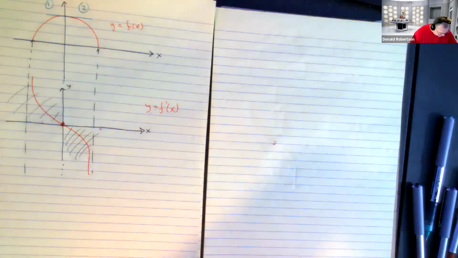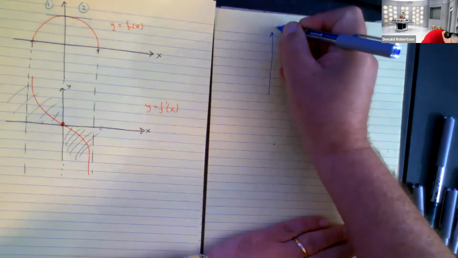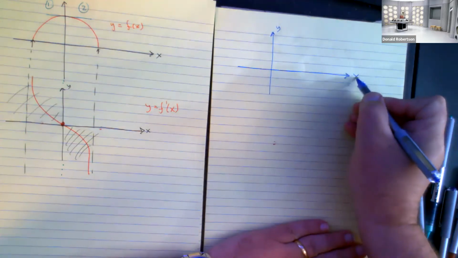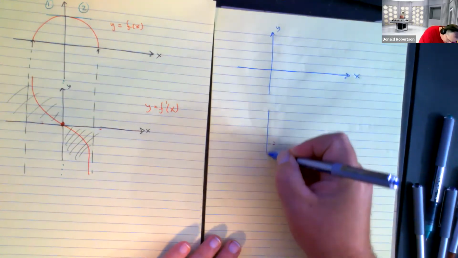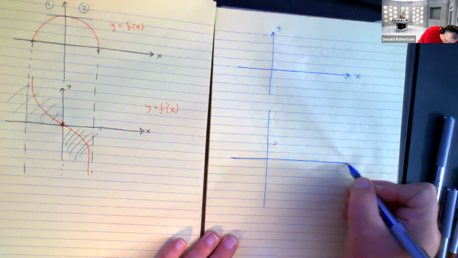So let's look at straight lines and what derivatives of straight lines look like. And they are quite different. A lot more different than curves.